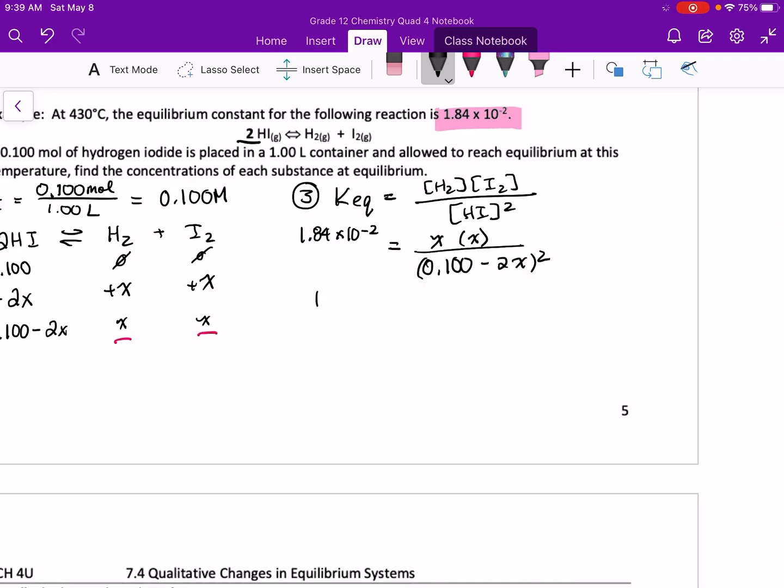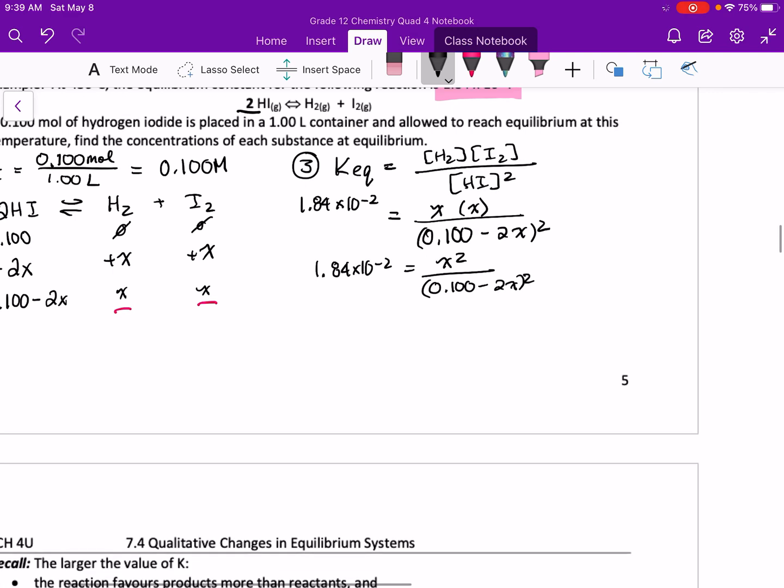In my next step, I'm going to simplify further. And x times x becomes x squared. I still have this on the bottom. Now, if I want to get rid of my square, I can square root both sides. This will give me a value of 0.136 is equal to x over 0.100 minus 2x.